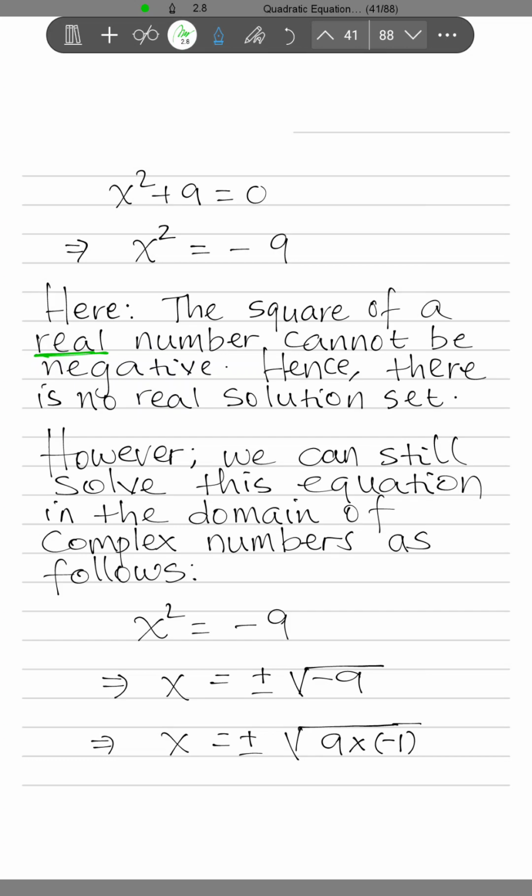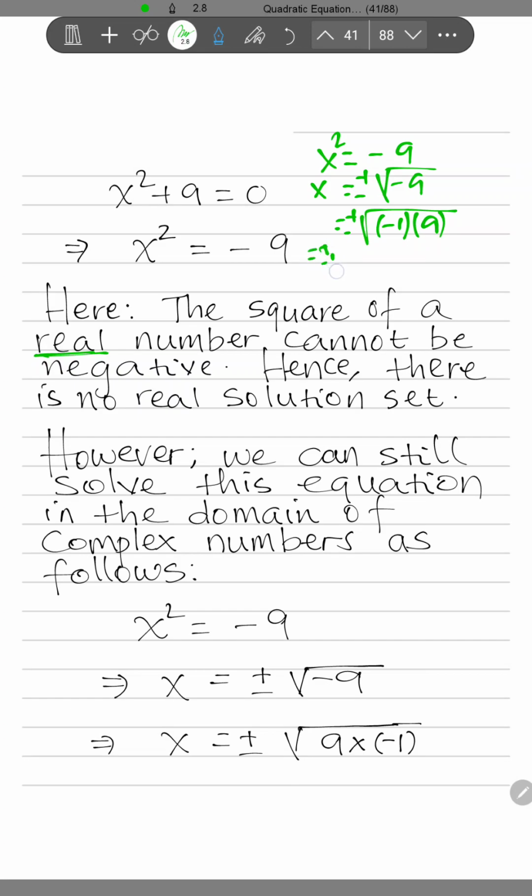What is a complex solution set? We have mentioned this one in the previous lesson. x squared is equal to minus 9. x is equal to plus or minus square root of minus 9, which is equal to plus or minus square root of minus 1 times 9. Minus 1 times 9 is minus 9, that's true.